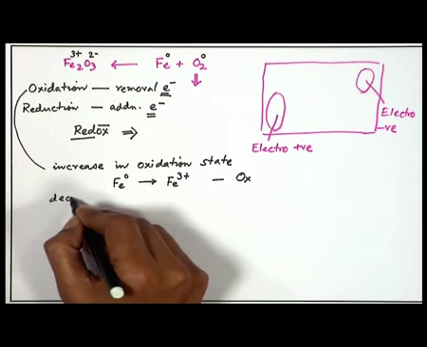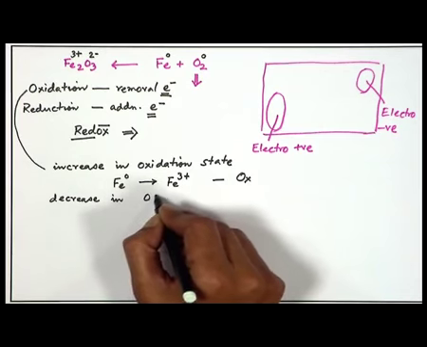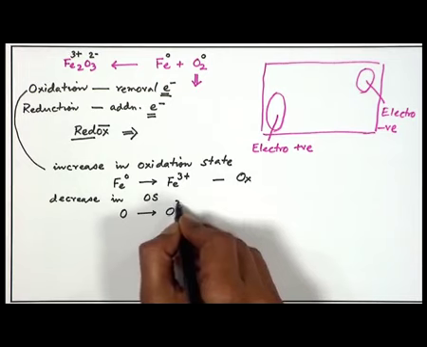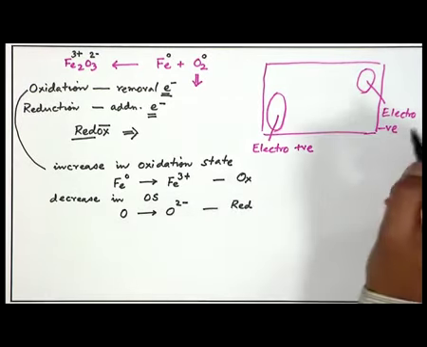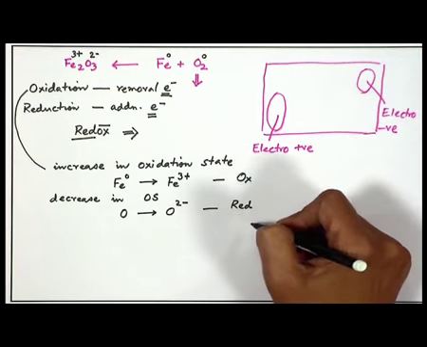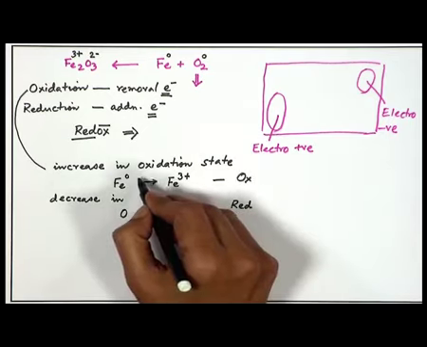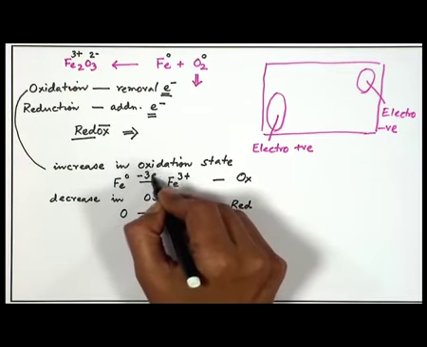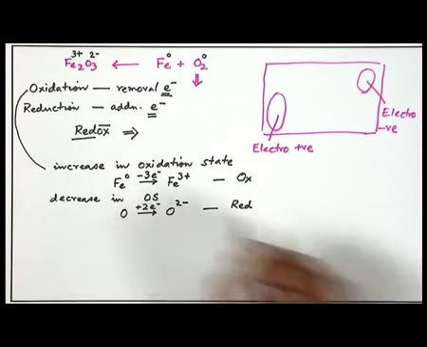So, O going to O2 minus is our reduction. These two processes, oxidation and reduction, occur simultaneously. In this case, it is the loss of electrons, minus 3 electrons, so the loss is 3 electrons, and this is plus 2 electrons giving O2 minus.